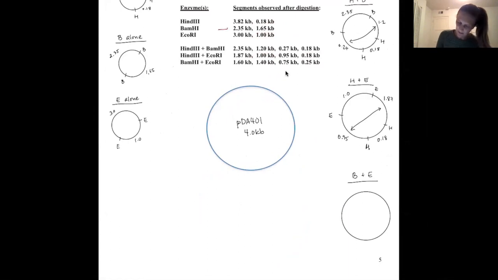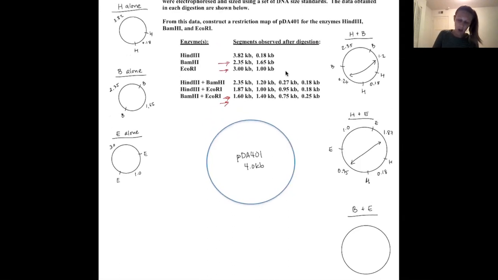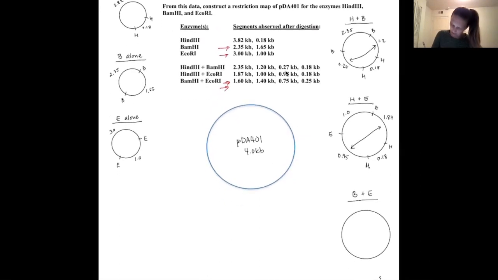So BAM, I don't see anything shared there. And our eco, I see nothing shared there. So that's annoying. So let's see how we're going to do this. So the first thing I'm going to do is just go ahead and put in my eco alone first. All right.